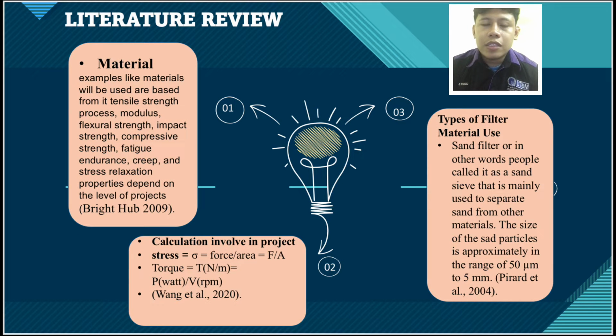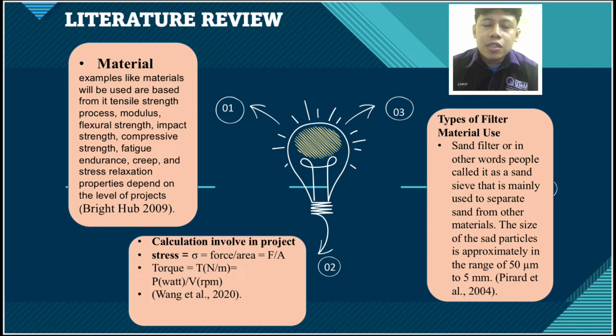So these are some points that I picked from the literature review, chapter 2 of this project. The material chosen to build this machine is a material that performs best in its tensile strength, modulus, flexural strength, impact strength, compressive strength, fatigue endurance, grip, and stress reduction properties.